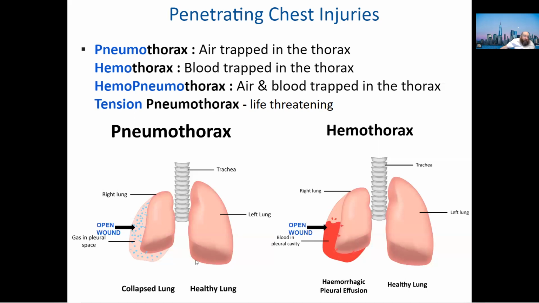So my question is, patient A, patient B, are they going to die? Are these patients going to die? And the answer is no, not right now. Why are they not going to die? Well, they can breathe on one lung for a while. It may be difficult. It may not be the most pleasant type of breathing, but they can breathe on one lung.